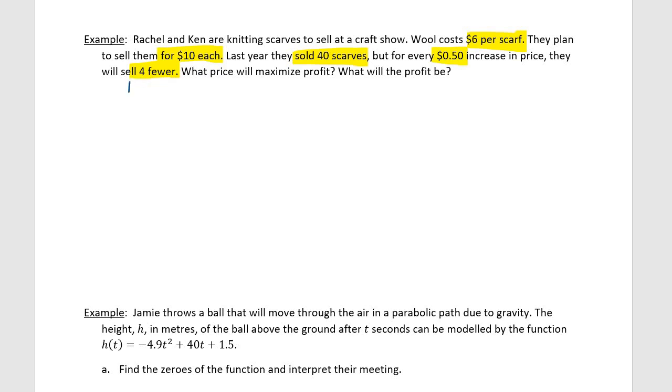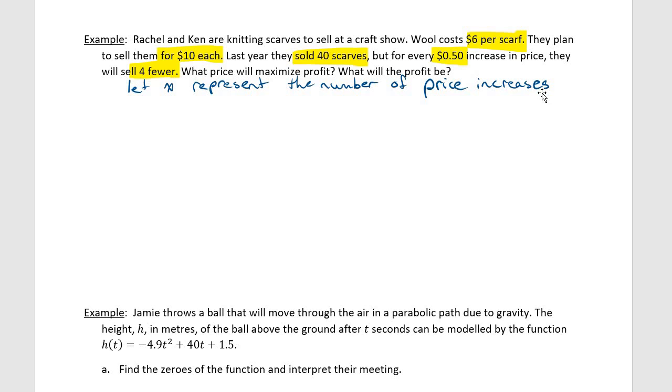So we're going to start off, let x represent the number of price increases. Okay. Then we're going to make our 2 linear equations.